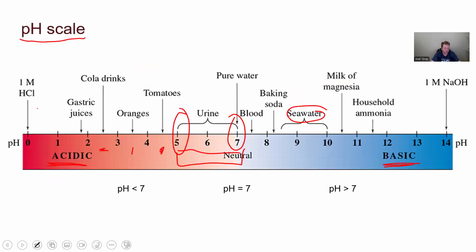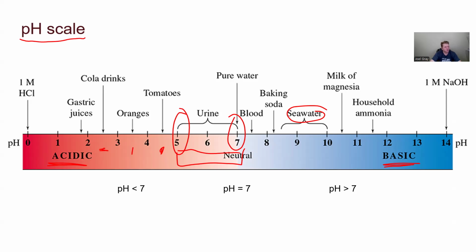Now, let's jump back for a second. This is the typical range on a pH scale from 0 to 14. Can the pH of a solution be less than 0 or higher than 14? Yes, it can. What is the likelihood of that happening? Very low.